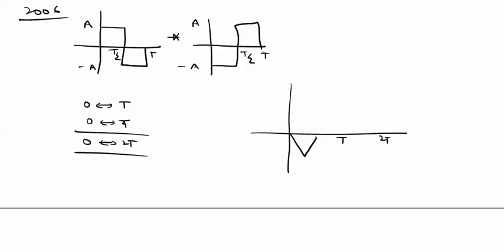I draw the answer directly: 3T by 2, T by 2, A square T by 2, negative A square T. This answer may come from the area property, but it is not possible here because there is both positive and negative area, so the area property is not useful.